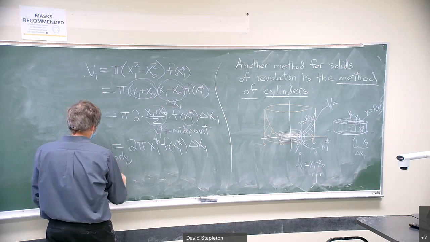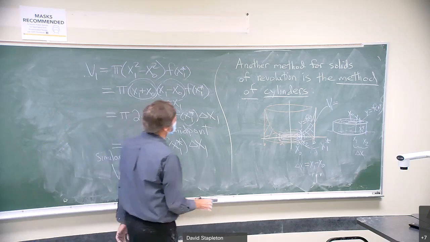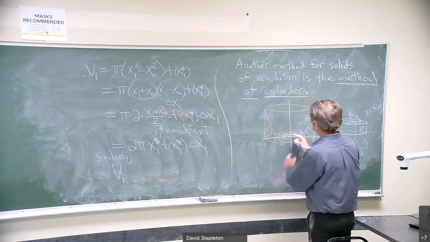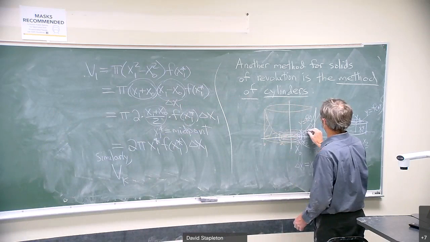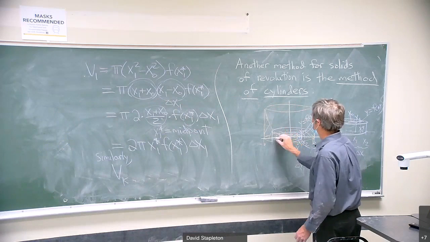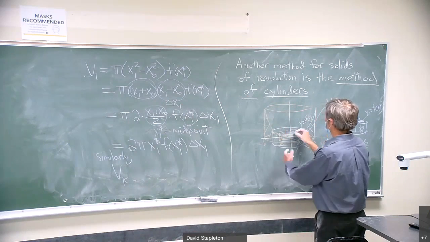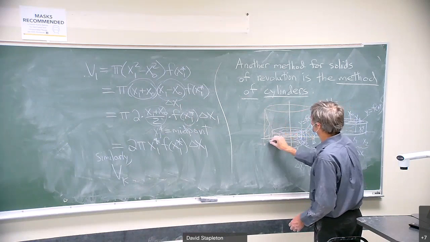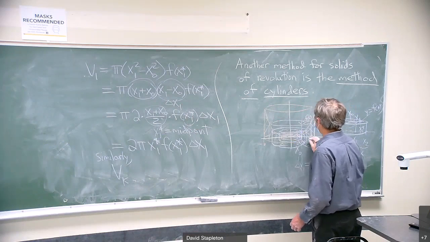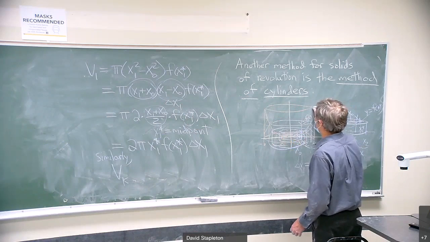Similarly, the kth volume, Vk, if we want to fill this with little thickened cylinders like this, so now I'll put another cylinder here with a hole cut out in the middle, and another cylinder here with a hole cut out in the middle, and I'll fill this up with approximate cylinders.